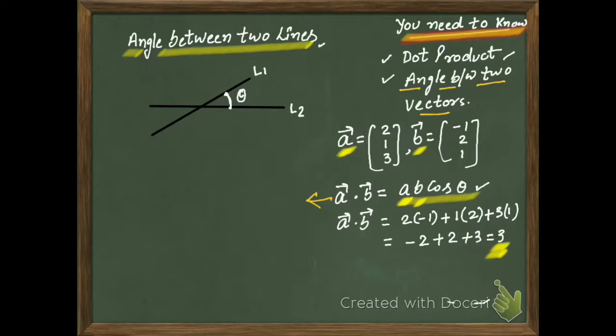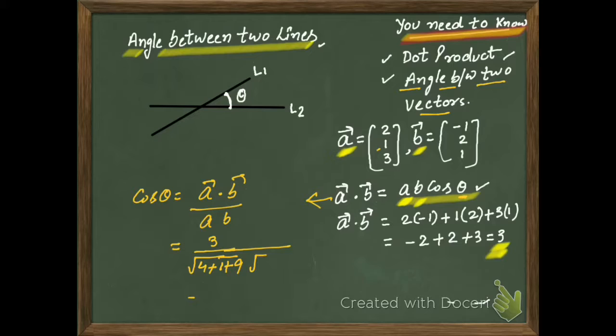So if theta is the angle between two vectors, that can be written as cos theta is A dot B over their magnitudes. For example, continuing with this case, I have A dot B, which is 3, over the magnitude of A. You know the magnitude of A: 2 square is 4 plus 1 square is 1 and 3 square is 9, and times the magnitude of the second vector, 1 plus 4 and plus 1.